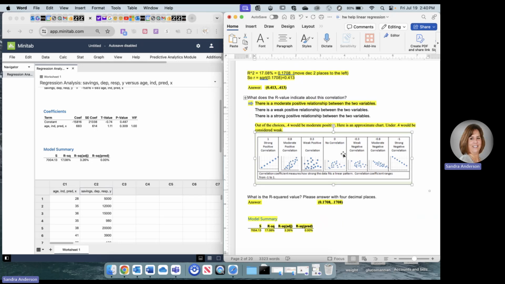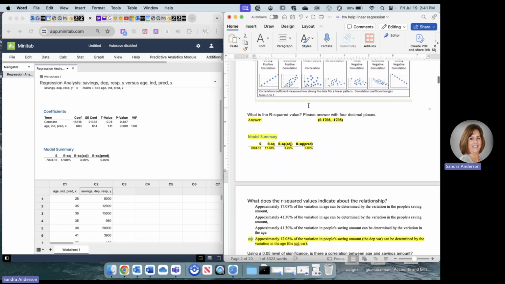Again, we got 0.4, which wouldn't really be weak. It's probably more of a moderate. It's a weak to moderate. But our problem gives us 3 choices: moderate positive, weak positive, or strong positive. Well, it's not strong. 0.4 is not near 1, and it's not weak, because 0.3 and below pretty much would be weak. So it's a little over 0.4, and that's considered moderate, and it was a positive number, so a positive relationship.